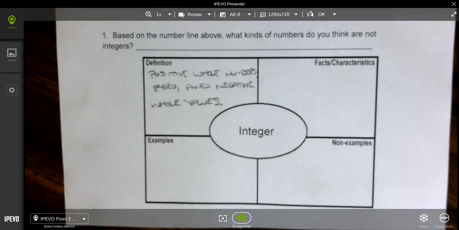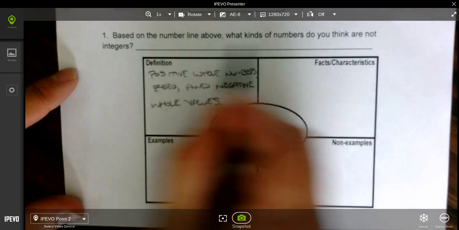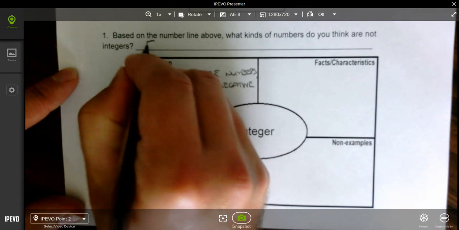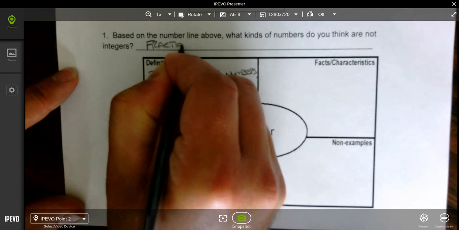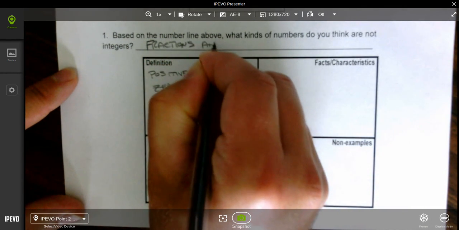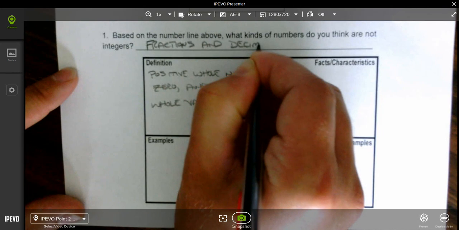And so the types of numbers that we haven't discussed yet would be our fractions and decimals. So what numbers are not integers? Fractions and decimals are not integers.